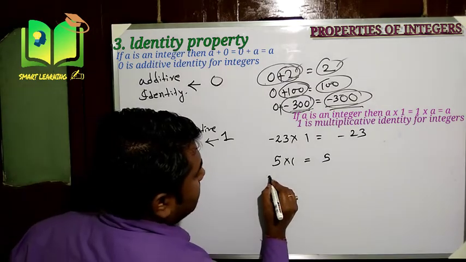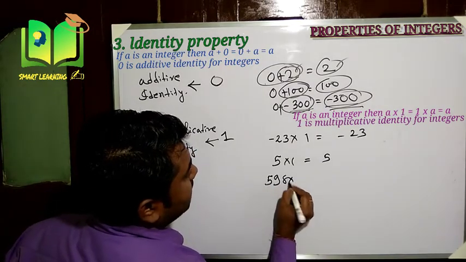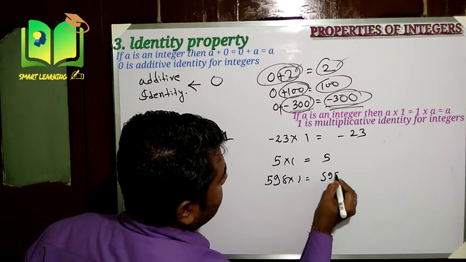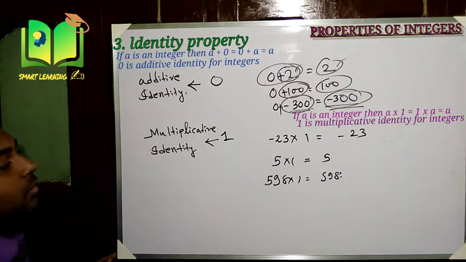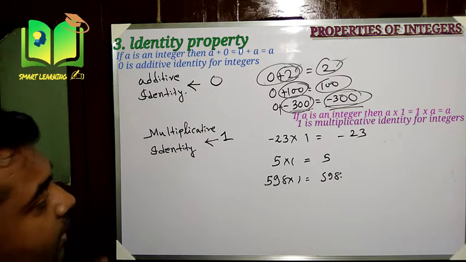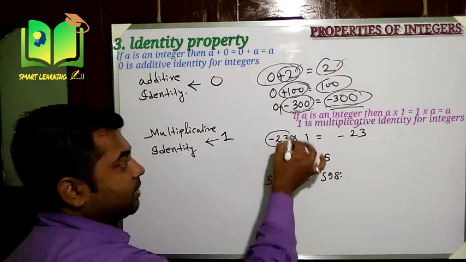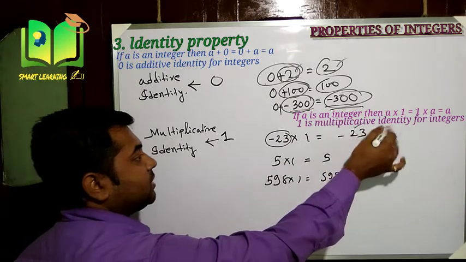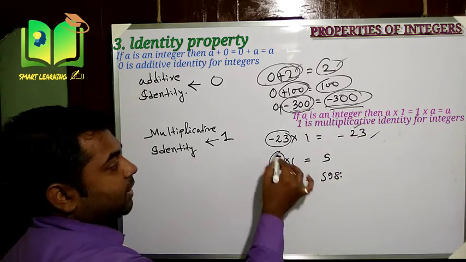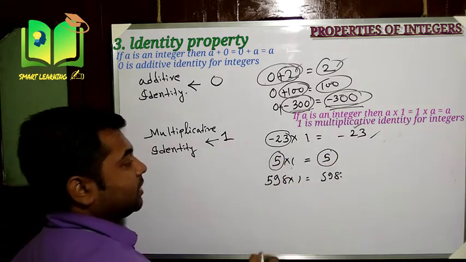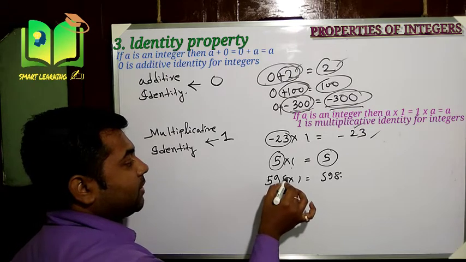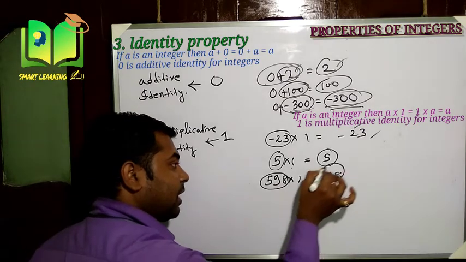Suppose you are multiplying 598 into 1, your answer is 598. Ultimately, whatever the number you are multiplying, you get the same thing. Minus 23 multiplied by 1, your answer is also minus 23. 5 into 1, you get the same thing. 1 by 598, your answer is 598.